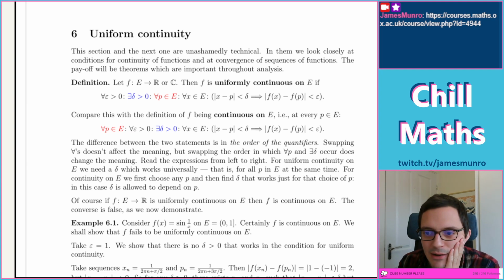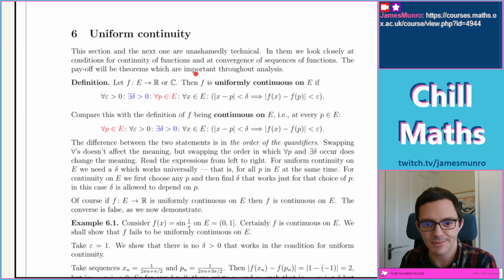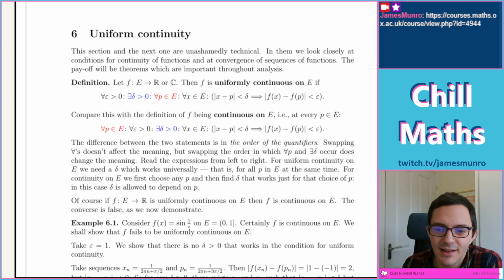So this is about continuous functions. The payoff will be theorems that are important, which I think includes the one that I cared about a few weeks ago for differential equations. Look at the quantifiers. Here we are.